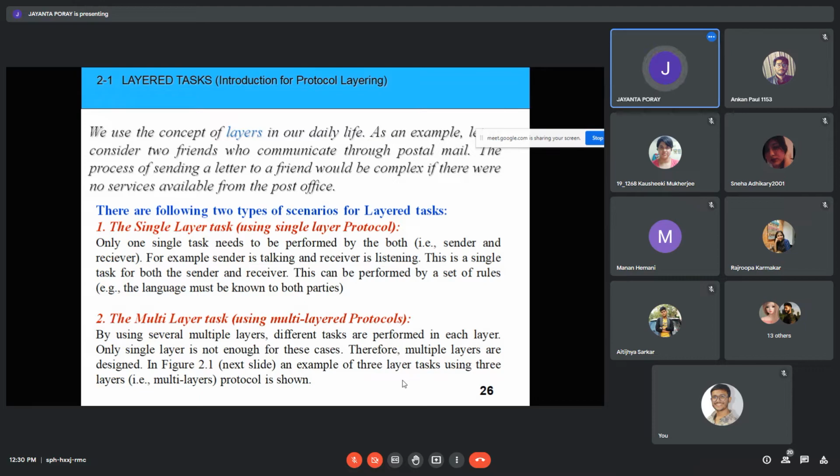And when I have multi-layer tasks, therefore I need multi-layer protocols. So in this case, the physical layer, data link layer, network layer, transport layer, and application layer, etc., are an example of multi-layered protocol hierarchies. When I need to split tasks into multiple layers, this is multi-layer protocols.